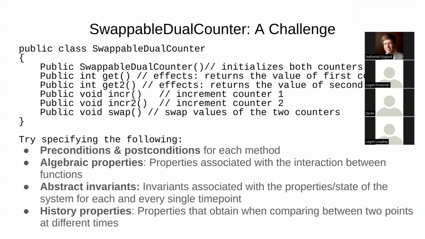Does it change the preconditions, postconditions for get? For get 2? For increment? For increment 2? No. What is the precondition and postcondition for swap?